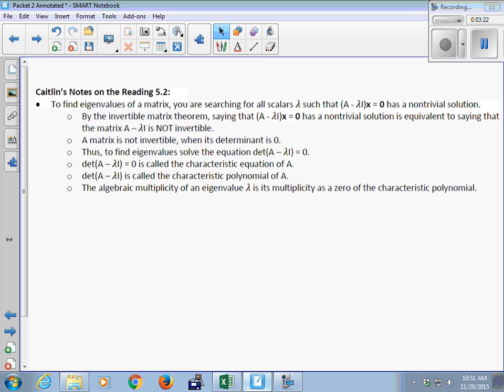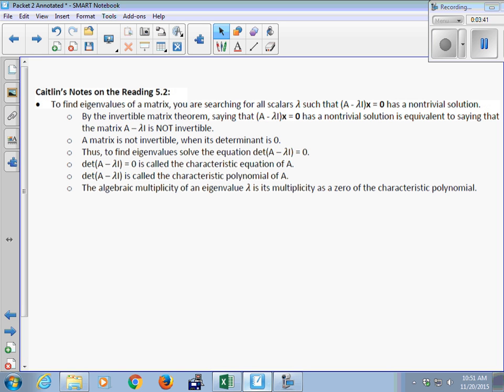And so if I want to find eigenvalues, I want to find values of lambda that make the determinant of A minus lambda I 0. Because that would make A minus lambda I not invertible, which means that A minus lambda I times X equals 0 would have non-trivial solutions.